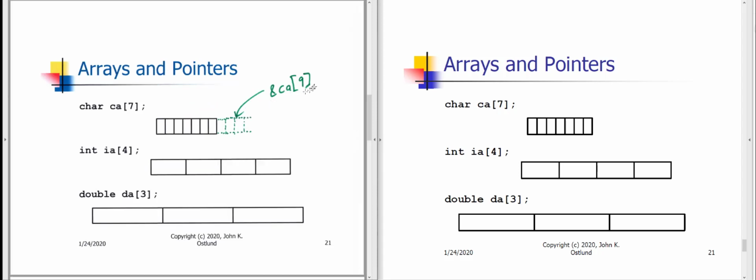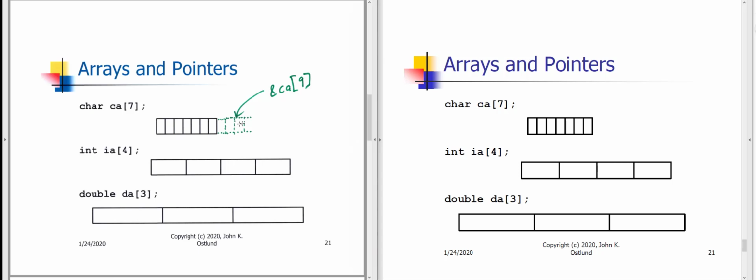In fact, if I go beyond the end of the array, recall that C++ does not do any array bounds checking. The address of CA sub 9 is not within the bounds of the array CA, but it is at some very well-defined location.